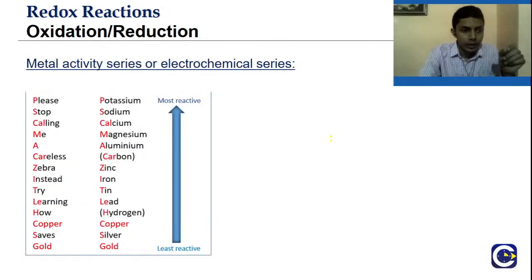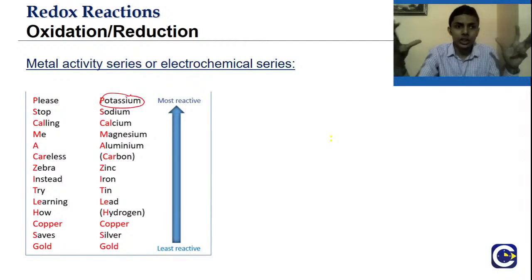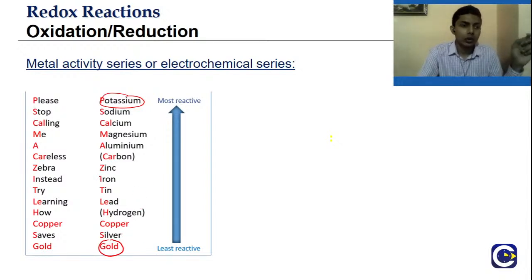Okay. So this is the metal activity series or electrochemical series. Potassium has a very high oxidation tendency, whereas gold has a very high reduction tendency. And this is the order. So if you take a zinc and iron combination, zinc will have the tendency to undergo oxidation and iron will have the tendency to undergo reduction.